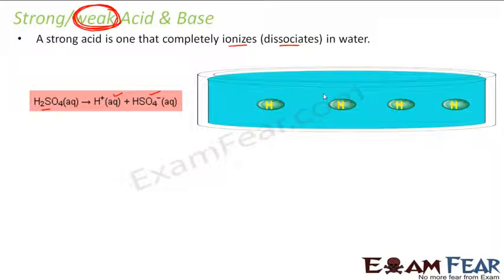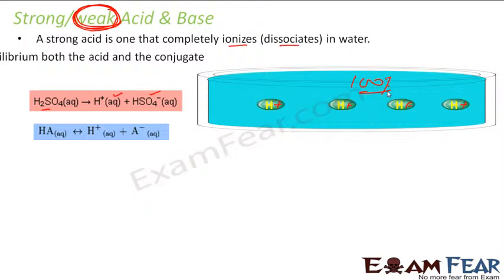We had four molecules with H plus attached, and all four have liberated H plus now. This is a very strong acid, because the moment I put it in water, all four molecules gave H plus ion. So, very strong acid, almost 100% ionization.